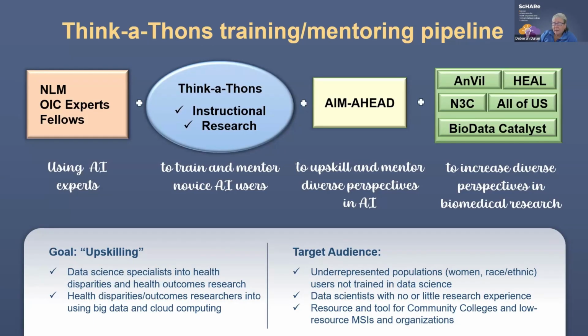We also are in partnership with AIM-AHEAD. If you haven't heard of them, AIM-AHEAD is another initiative that really focuses on upskilling racial and ethnic diverse populations into data science. So we have a training pipeline with them. We try to get you started here and move you into AIM-AHEAD.